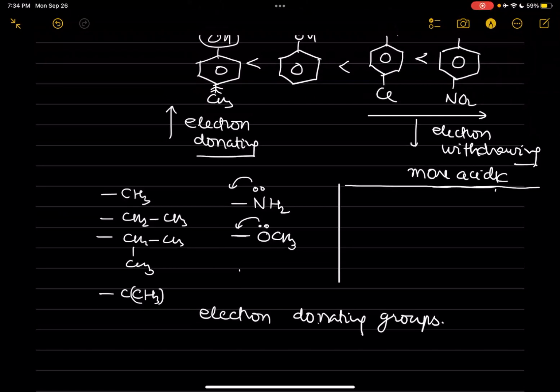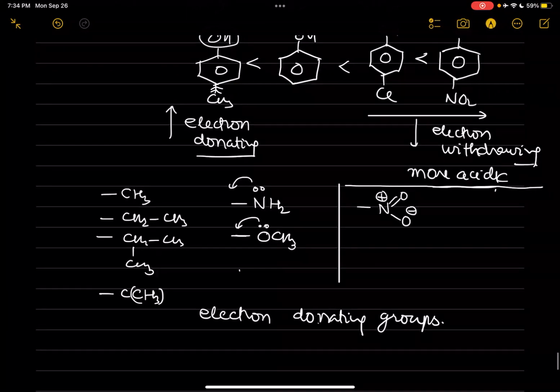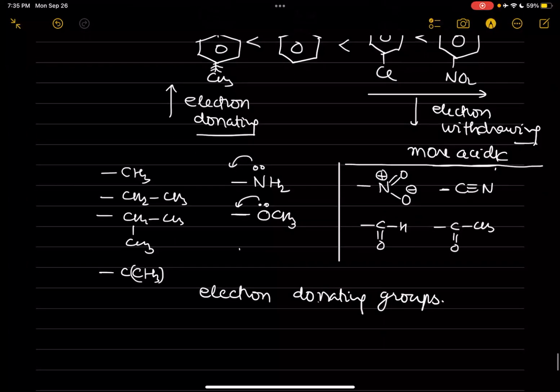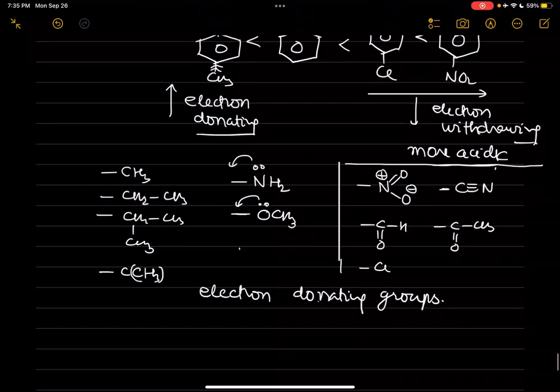An electron withdrawing group: the groups which have double bonds and are connected to an electronegative atom. For example, groups which are positively charged, like NO2. We write it as NO2, but it is N plus and O minus. CN, C double bond O, COCH3, and chlorine. These are themselves electronegative.